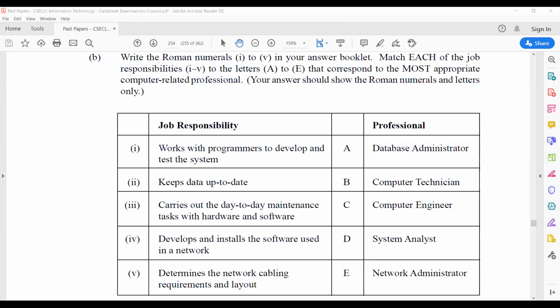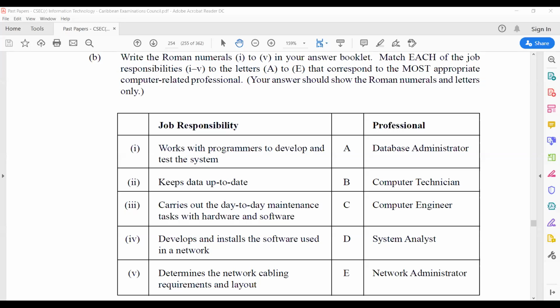The second one, keeps data up to date. Given the professionals we have, the database administrator will fit that role. Carries out day-to-day maintenance tasks with hardware and software would be a computer technician.